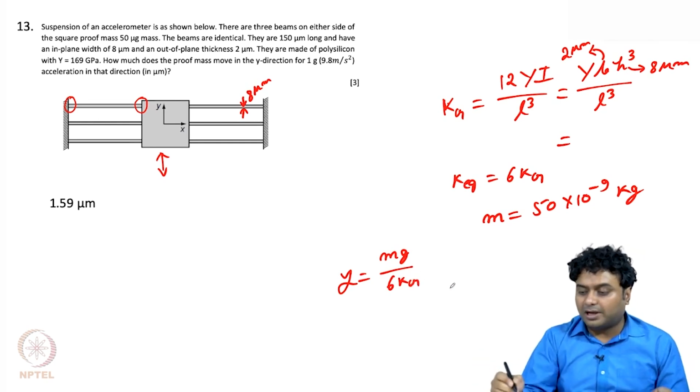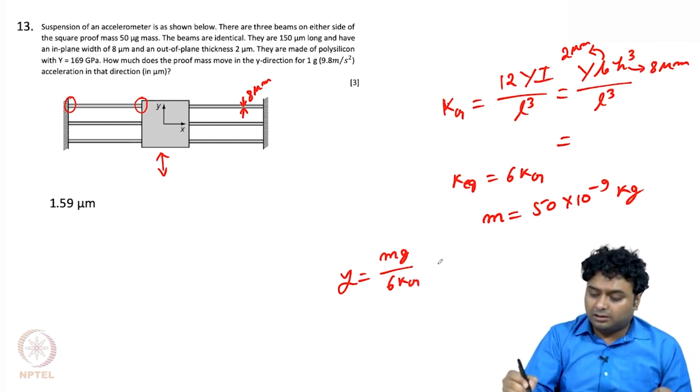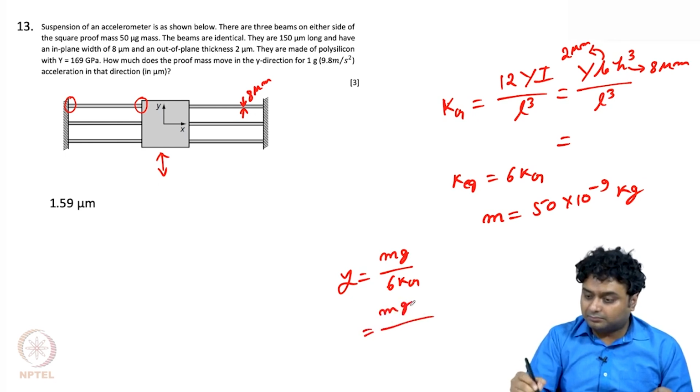You can directly put m into g divided by 6 Y bh cube, and on the top you put the L cube, right.